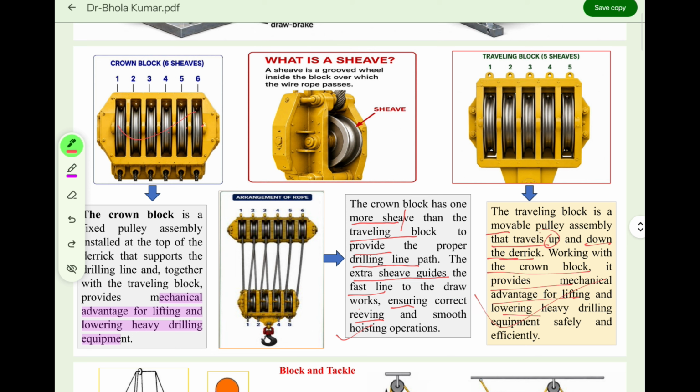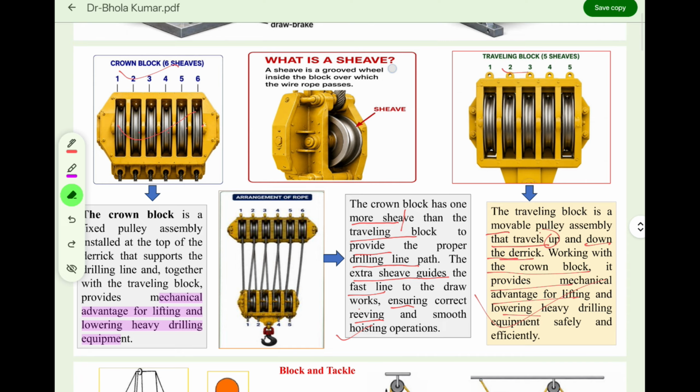So now, if you observe carefully, the combination of the crown block and the traveling block is known as the block and tackle system.